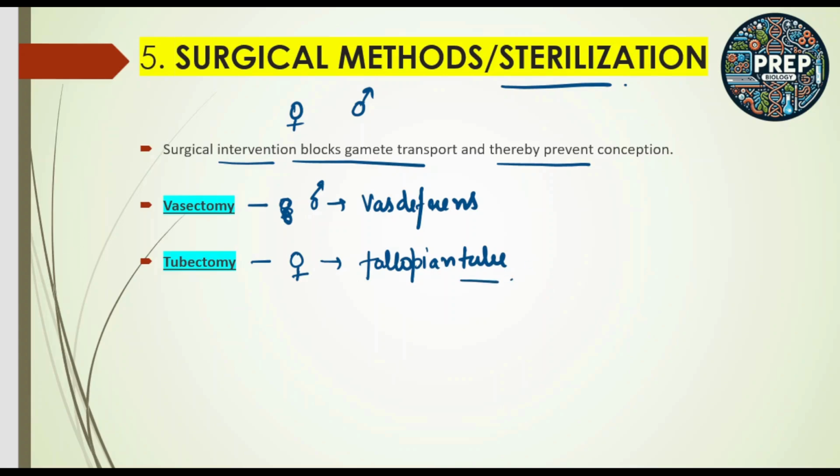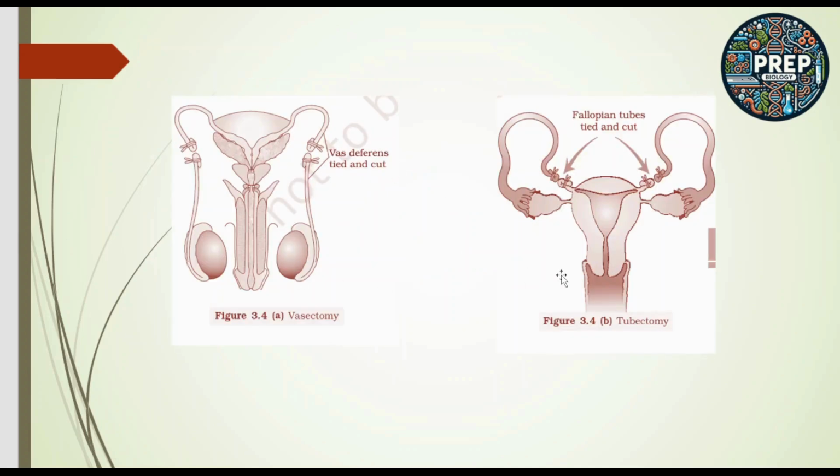So if we see the structure of the vasectomy and tubectomy, this is the vas deferens. The part of the vas deferens is cut by the surgery and tied up through a small incision on the scrotum. And in the tubectomy, the part of the fallopian tube is removed and tied up through the small incision in the abdomen or through the vagina.